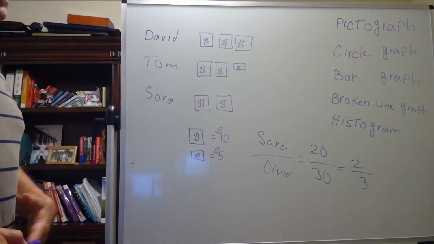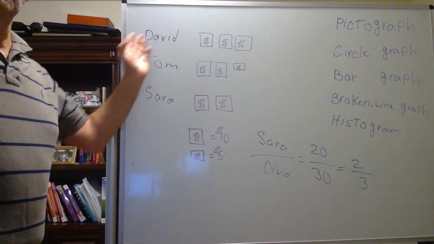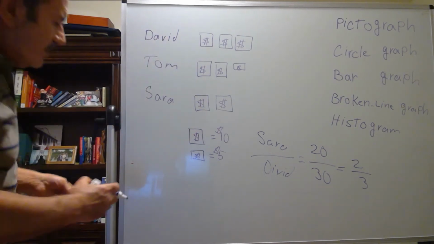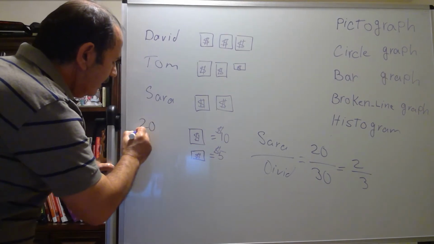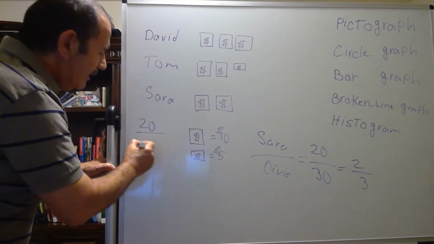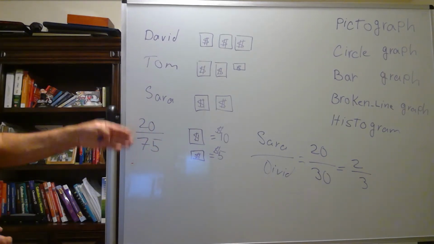Or again, we can say, what is the ratio of Sarah's money to the total? Again, Sarah's money is 20. The total money we calculated is 75. And again, we have to simplify this one.